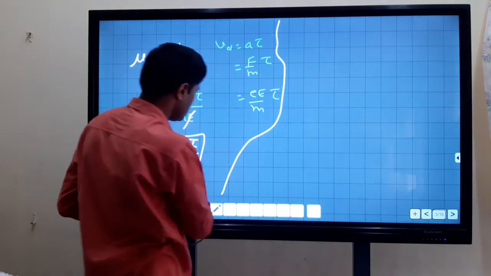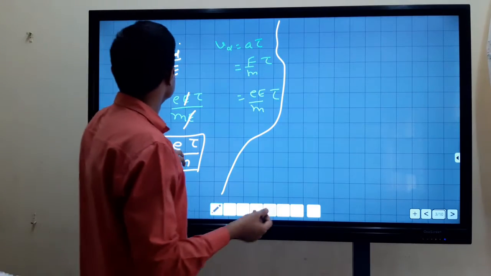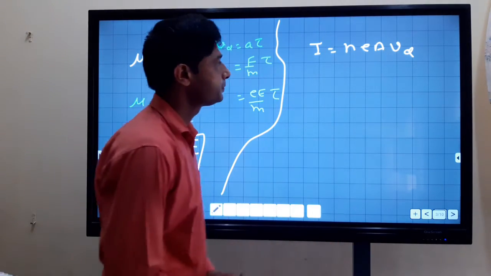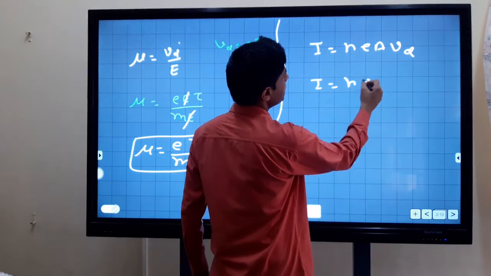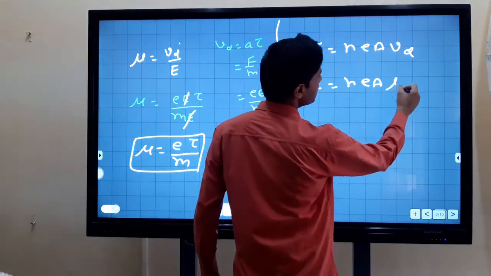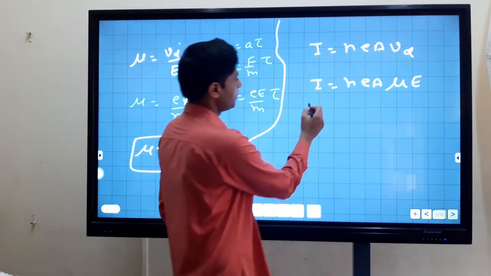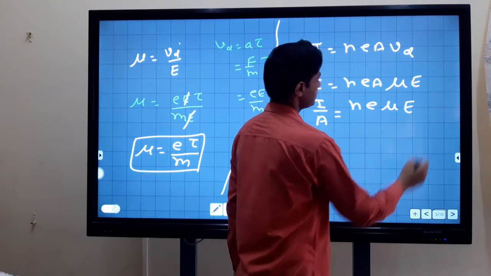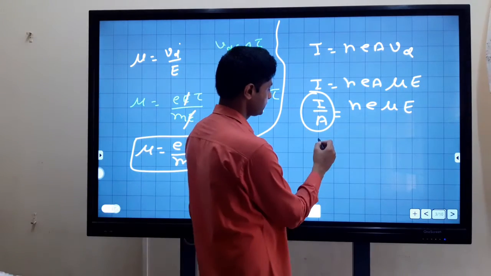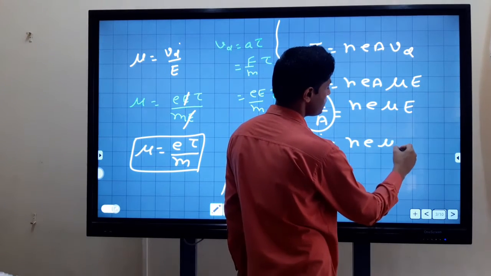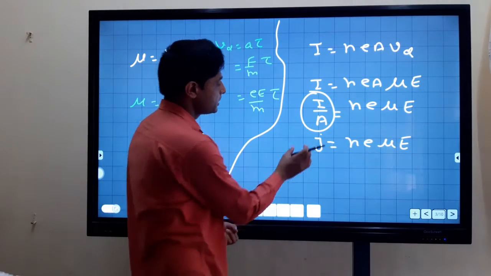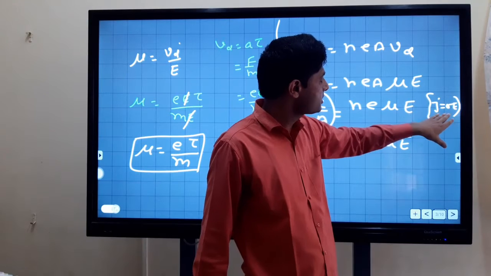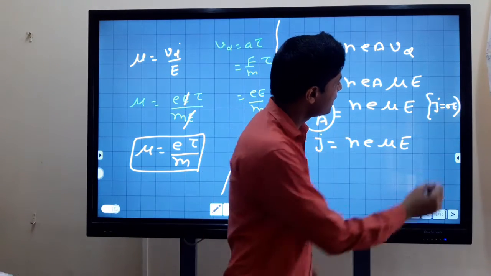So we can derive another formula for mobility, because as you know, I equals n e A Vd and Vd equals mu E. So I upon A equals n e mu E, and that is equal to J, so J equals n e mu E. Or as you know, J equals sigma E, the relation between current density and conductivity.